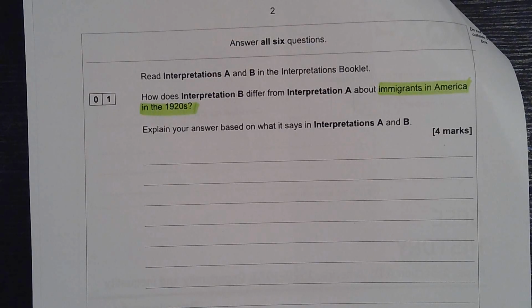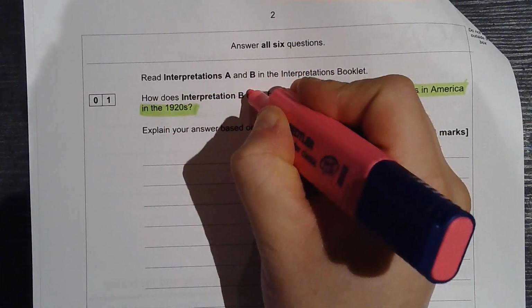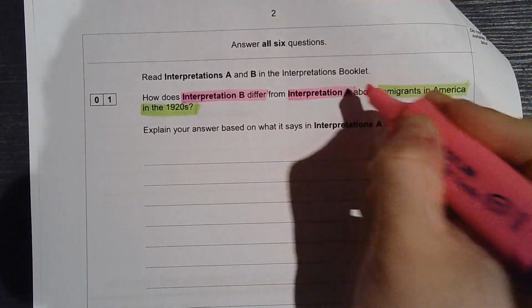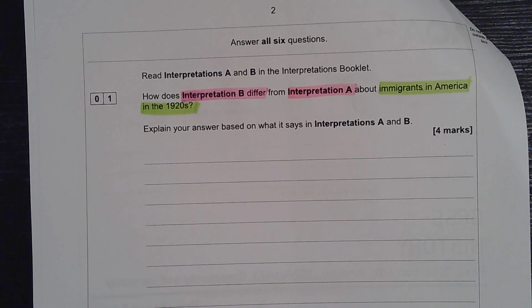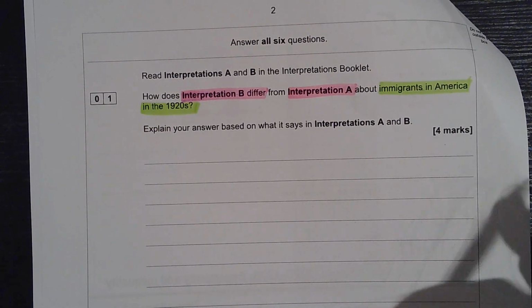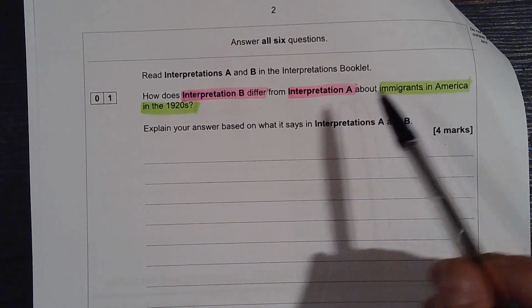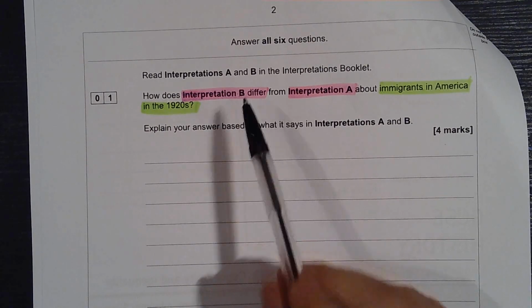After that, I ask myself, what else is the question asking me to do or use? I know it's asking how interpretation B differs from interpretation A. Straight away, this tells me that I need to focus on immigrants in America in the 1920s, but to do that, I need to use A and B.